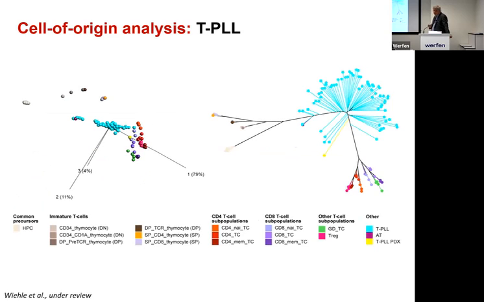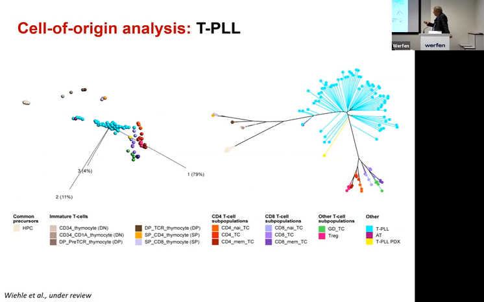I show you another example which is not yet published. It's the study of T prolymphocytic leukemia. You know in the peripheral blood, the cells look like mature T cells, but the inversion 13 driving the TCL1 gene takes place in a thymocyte. That's something you can show by DNA analysis.